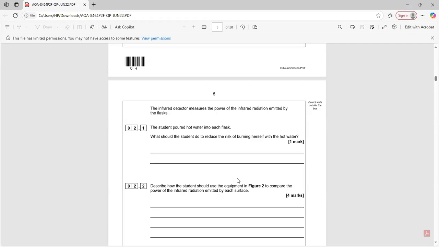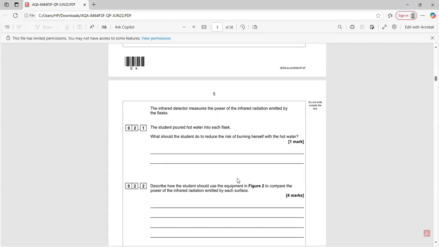It says, what should the student do to reduce the risk of burning herself with hot water? What do you think? What precautions should she take? She can pour the water slowly. Did you say she should wear a glove or something?